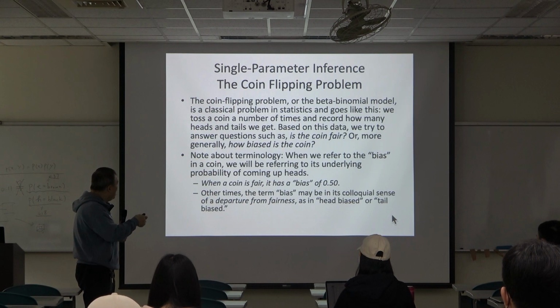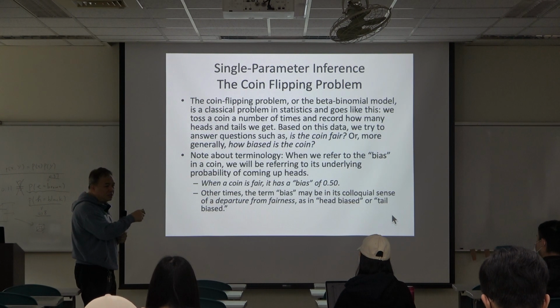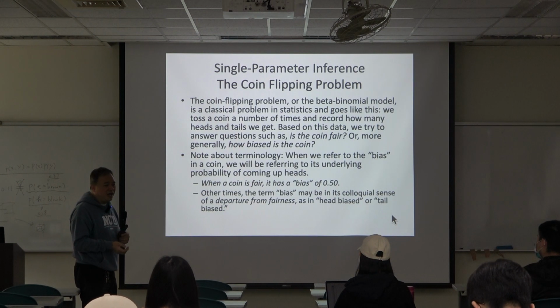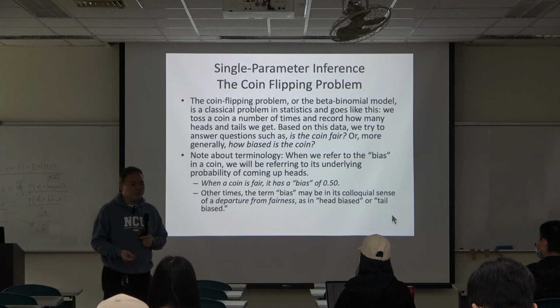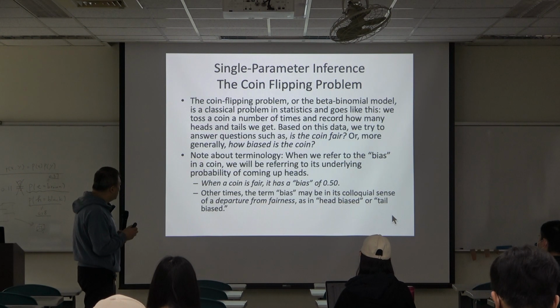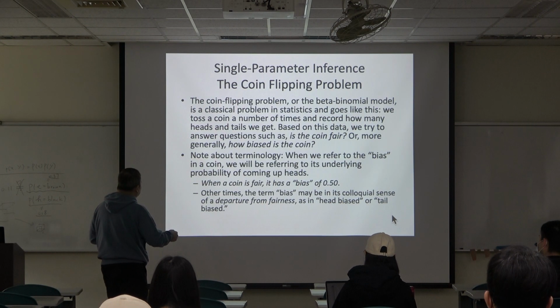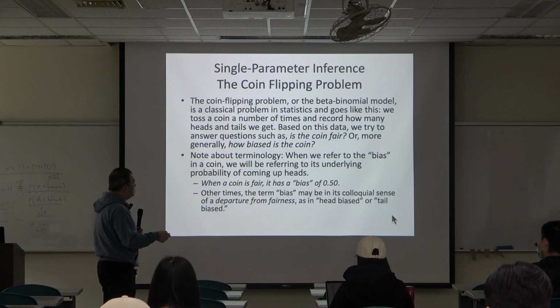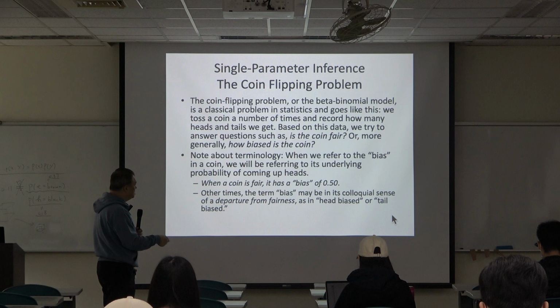When we say how biased is the coin, I'm not saying the coin is unfair, because a coin doesn't treat somebody unfairly anyway, right? It's not a person. Just want you guys to be aware. So note about the terminology. When we refer to a bias, we will be referring to its underlying probability of coming up head.